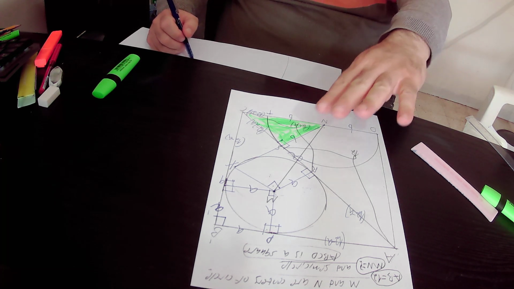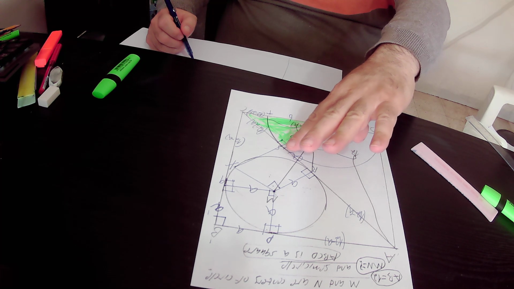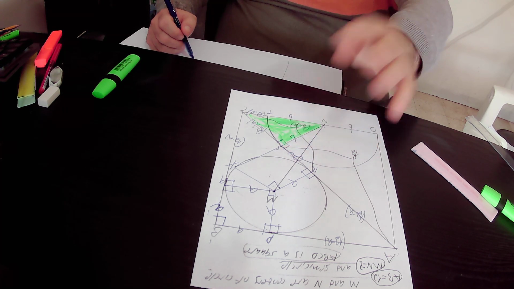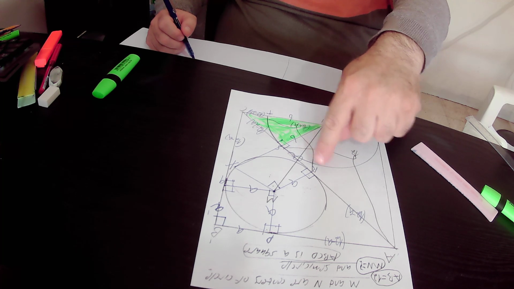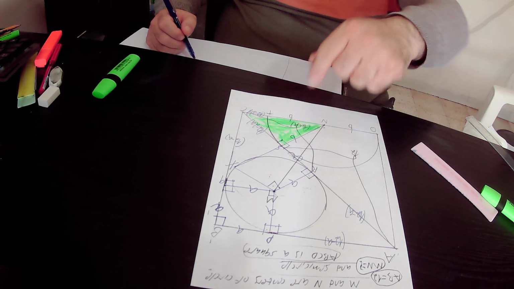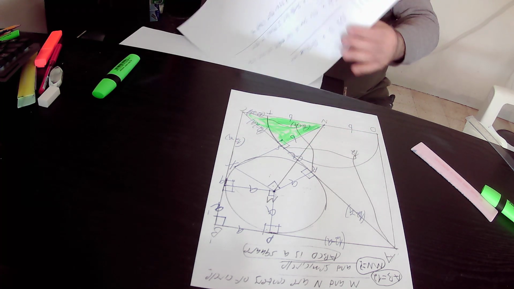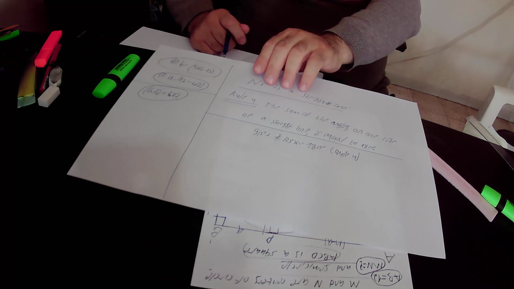The sum of the angles on this side of the straight line NX at point S must be equal to 180 degrees. That is to say, 90 degrees plus the size of angle RSX must be equal to 180 degrees according to rule number 4.